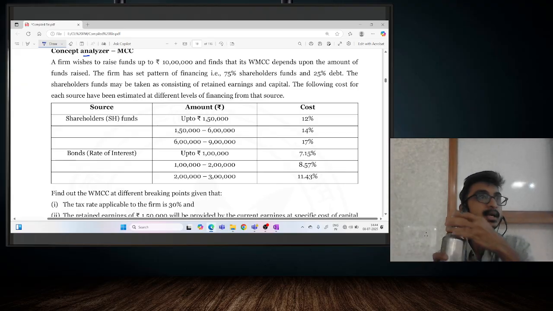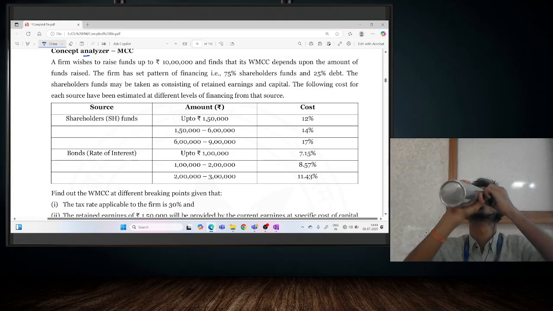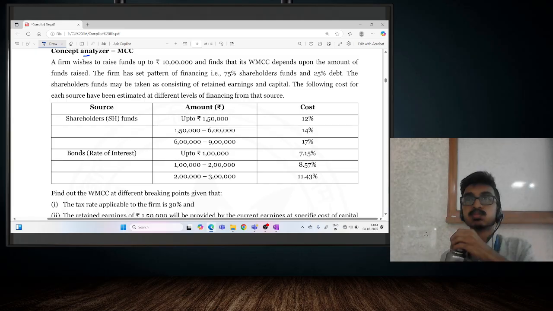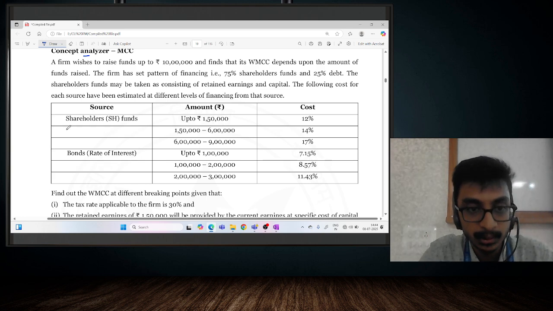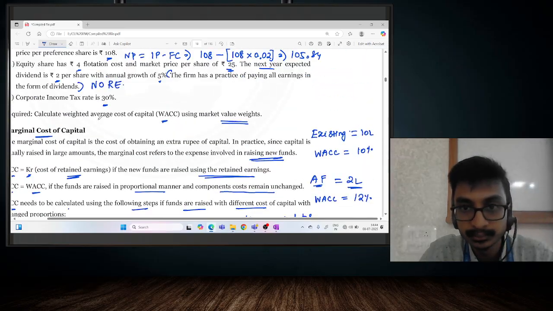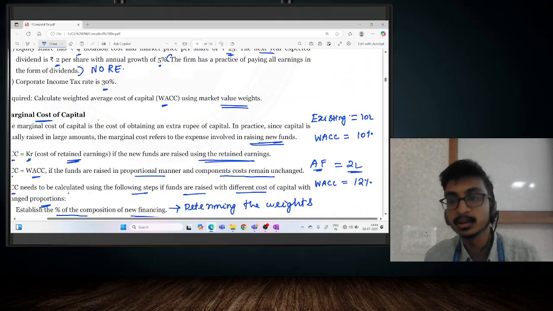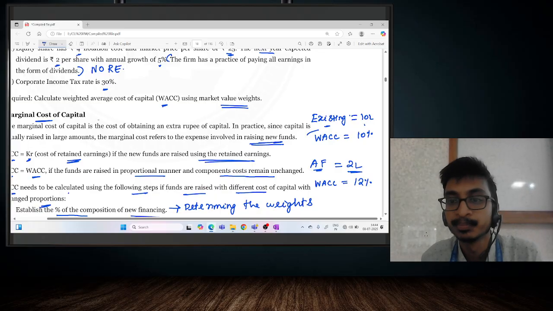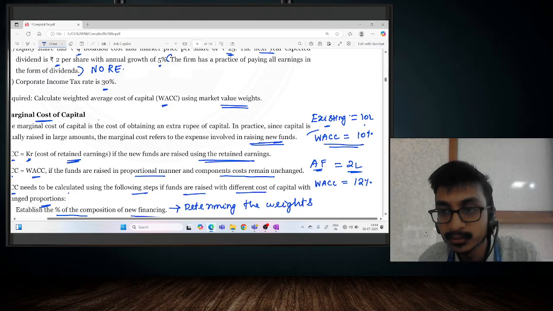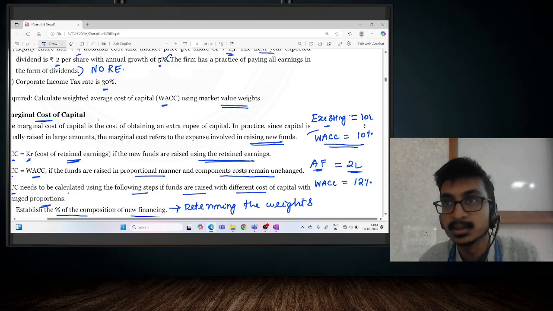Is this clear? Any doubt? Marginal cost of capital is nothing but, so look at this. For example, let's say the company has an existing capital of 10 lakh rupees. The weighted average cost of this 10 lakh rupees is 10%.